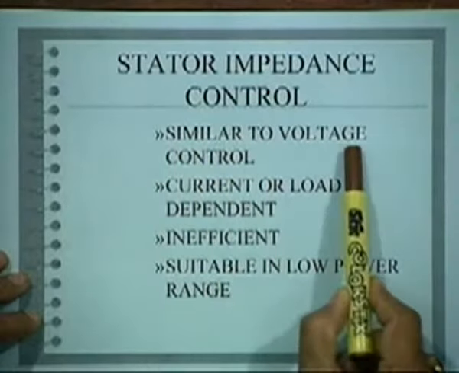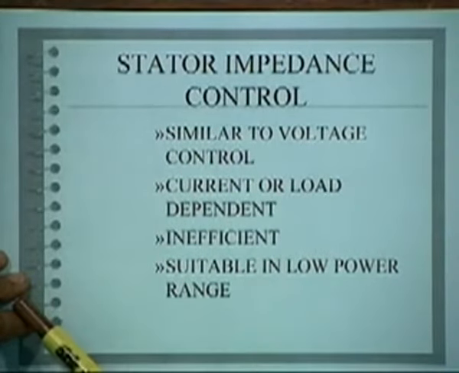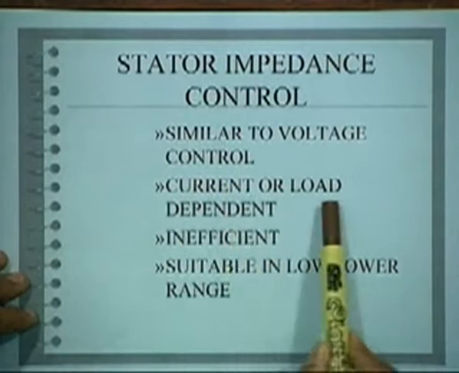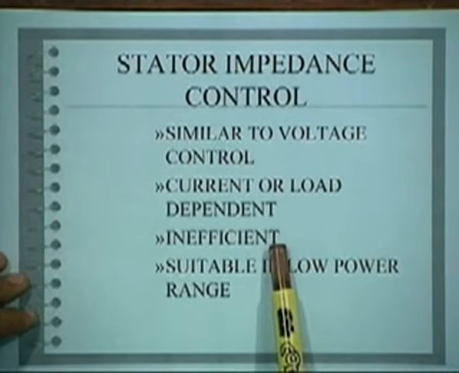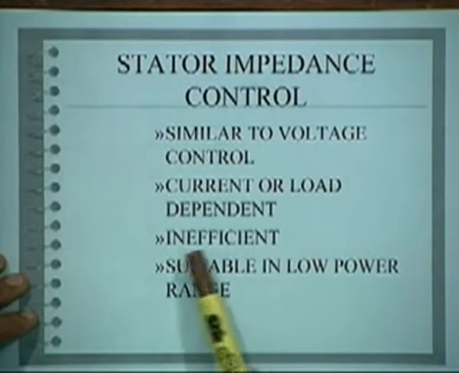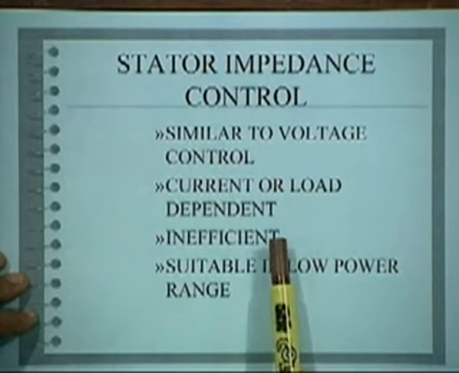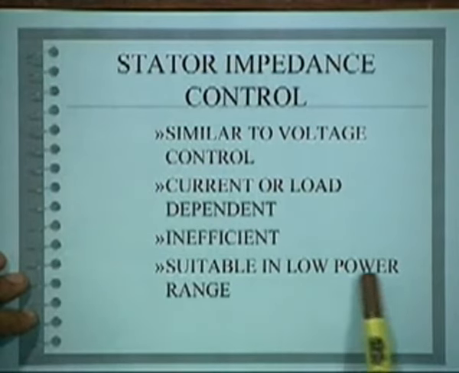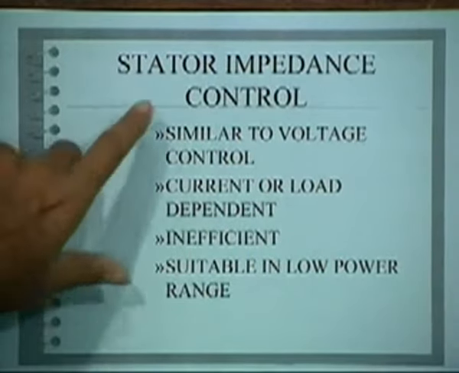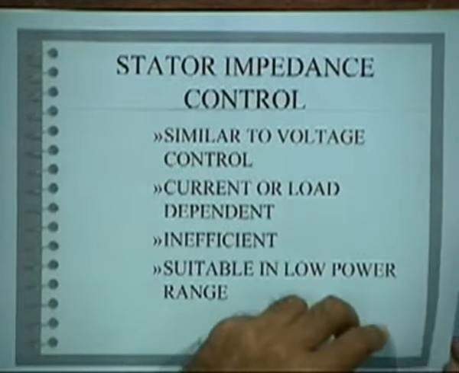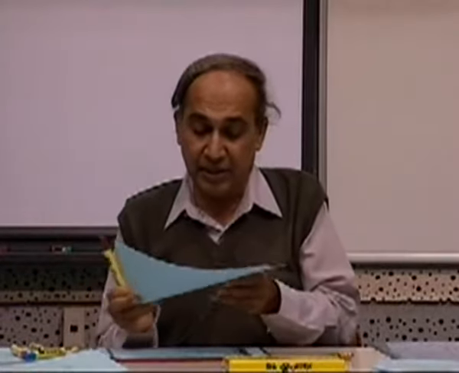An analogy is a small fan regulator with external resistors, where you control the speed by connecting external resistance. So it is almost similar to voltage control, but it depends upon current or load. It depends upon current, and therefore it is inefficient, because there will be a drop across the resistances and there will be loss in the external resistance. So at low speed it is inefficient, and again it is suitable in the low power range. Okay. So this is one of the methods of speed control, stator impedance control.